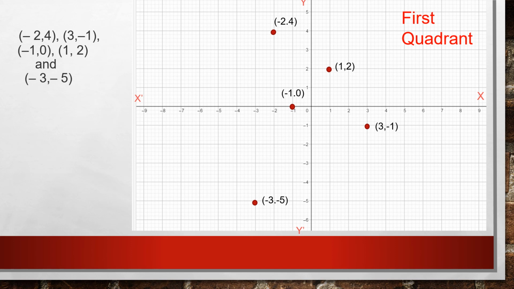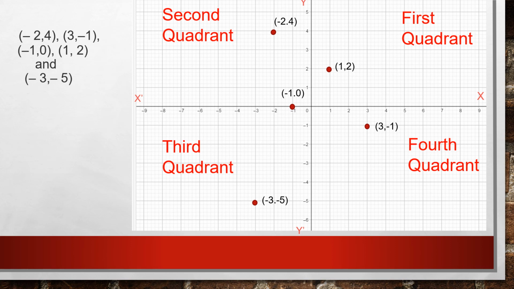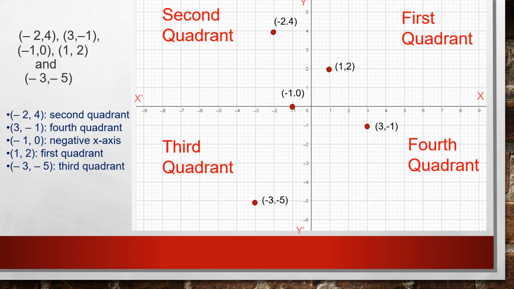In the second quadrant we have minus 2 comma 4. In the third quadrant we have minus 3 comma minus 5. Both are negative, minus minus. In the fourth quadrant, plus minus, that is 3 comma minus 1.